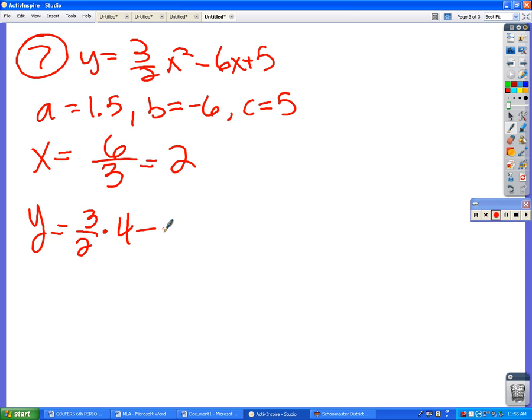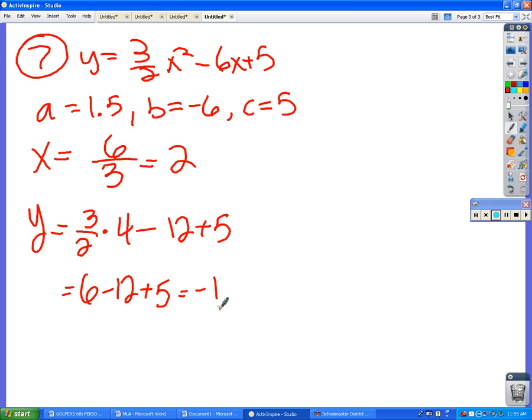Minus 6 times 2, which is 12, plus 5. So 3/2 of 4 is going to be 12 over 2, which is 6. So 6 minus 12 plus 5 works out to be negative 1.